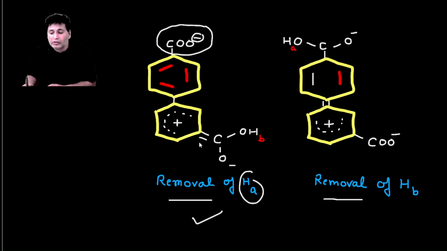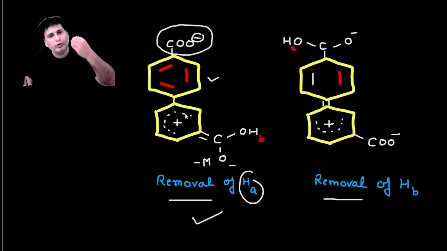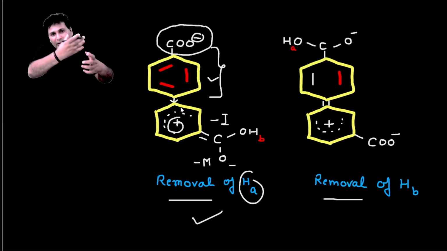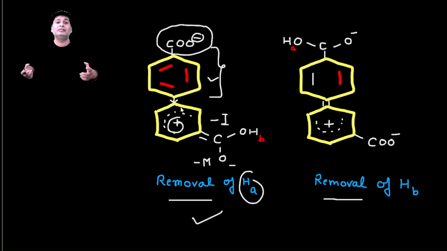However, because of the minus M of the carboxylic group of the lower ring, the plus charge could not come to this upper ring, and any withdrawal of negative charge which can happen will happen through this plus charge, which is far from this. As you can see, the distance is more. So the inductive effect, the minus I effect of this plus charge that will percolate through these sigma bonds will not be that strong because of the distance. The plus charge is far from the minus charge. It won't be able to pull the minus charge that much and therefore stabilize the conjugate base.